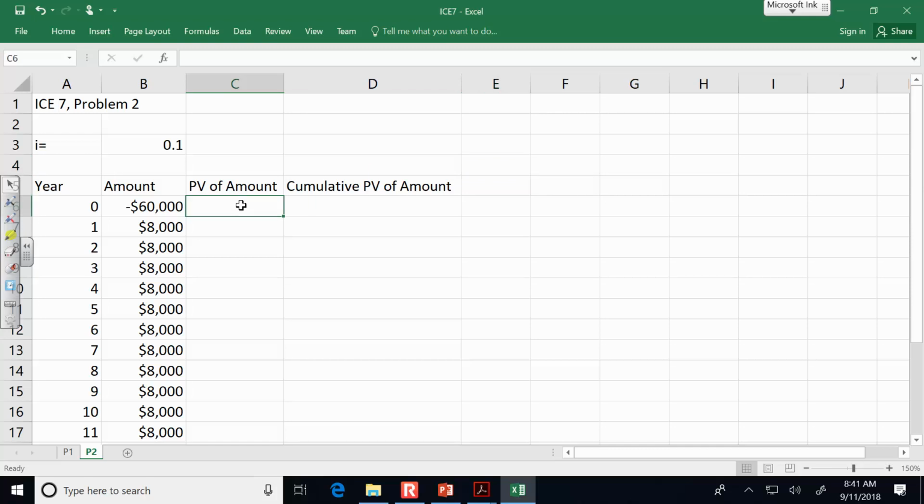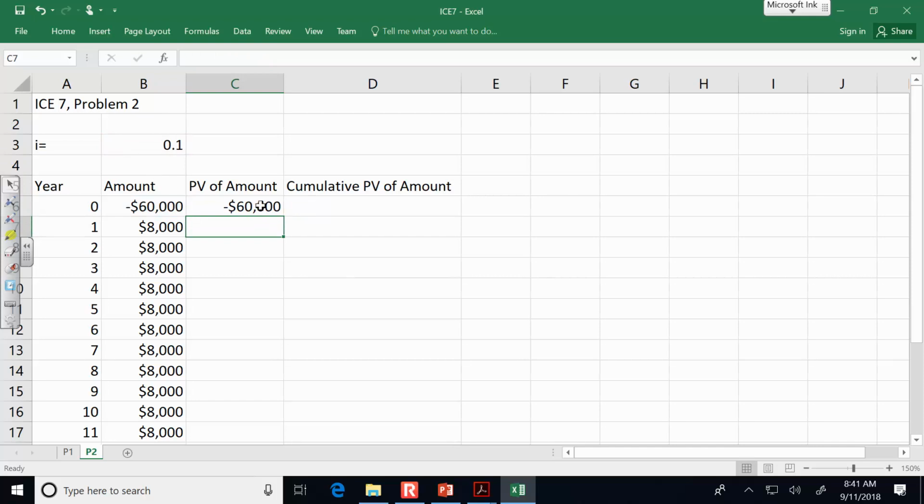So the formula is equals the amount, so that's the future value, times 1 plus I, and I'm anchoring that reference by pressing the F4 button so that when I drag the formula down, it always looks in the same spot for I, to the power of negative n. And n is the year that we're on. All right.